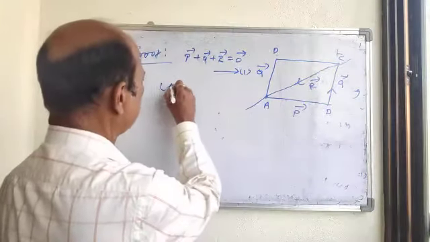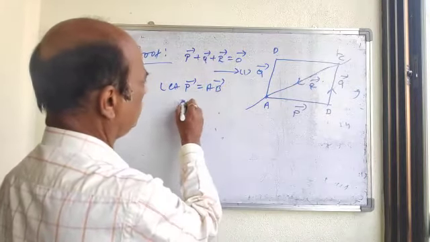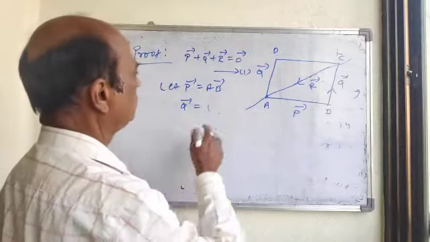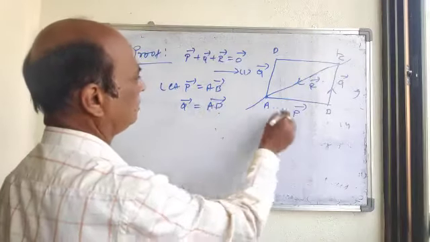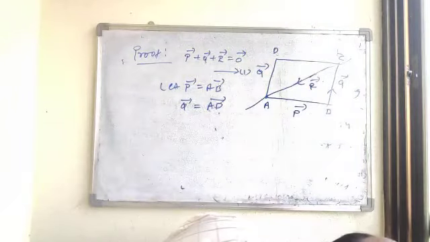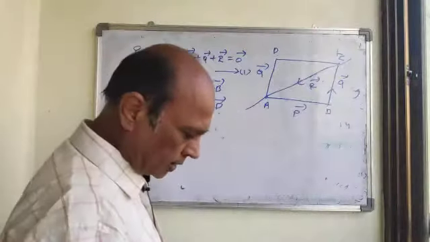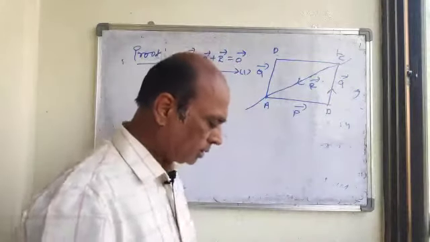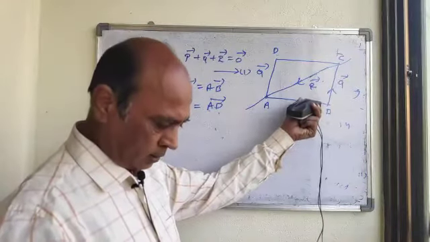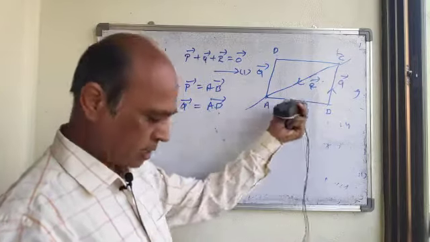Here let P bar be equal to AB bar and let Q bar be equal to AD bar. Now this is the parallelogram ABCD. By the law of parallelogram of forces, this diagonal is represented by the magnitude of the resultant of P bar and Q bar.